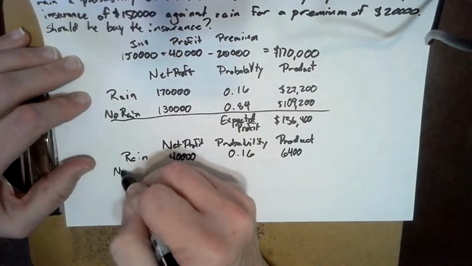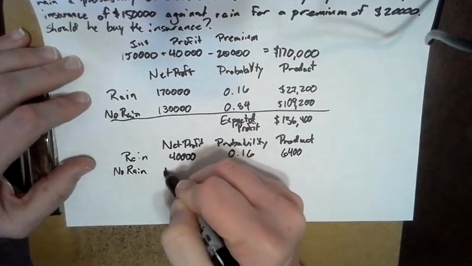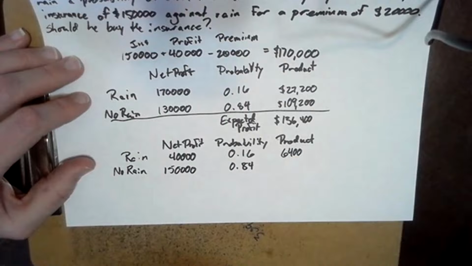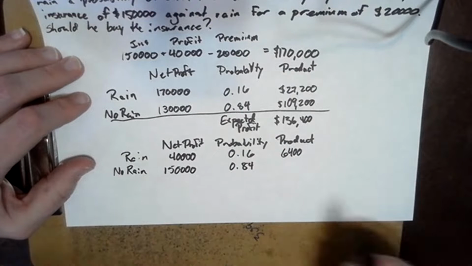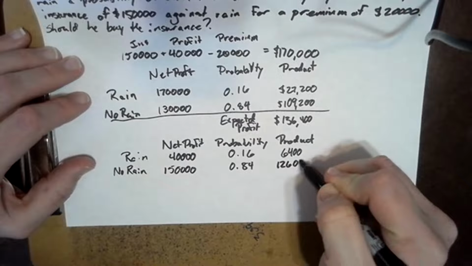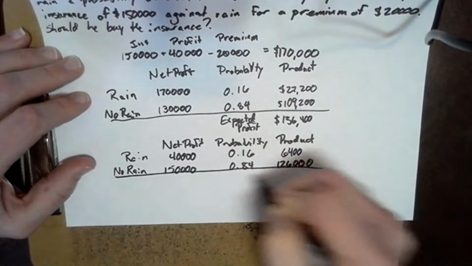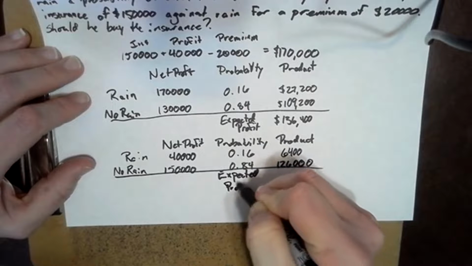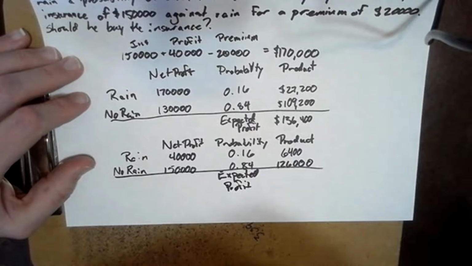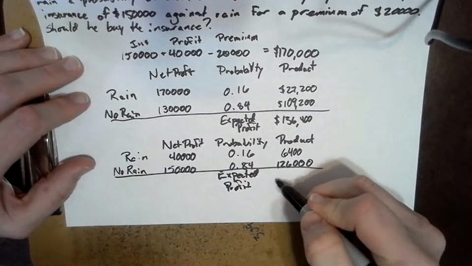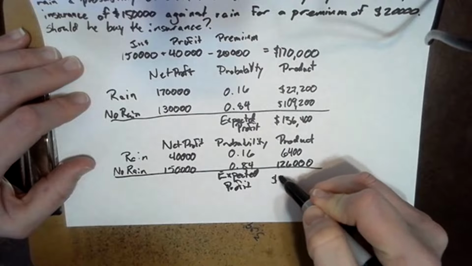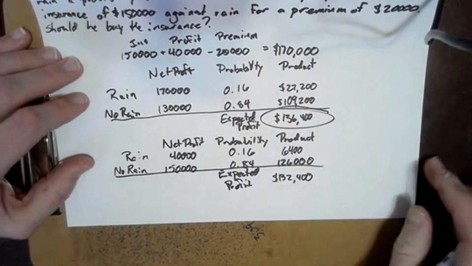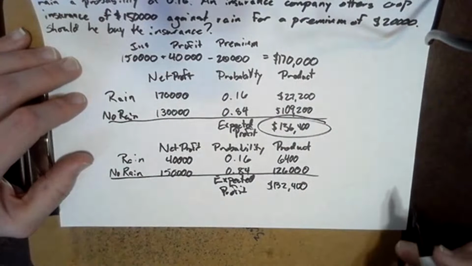For no rain, he's getting $150,000, probability 0.84, and a product of 126,000. So here the expected profit adds up to $132,400. Since the expected profit is higher if we buy the insurance, we should buy the insurance.